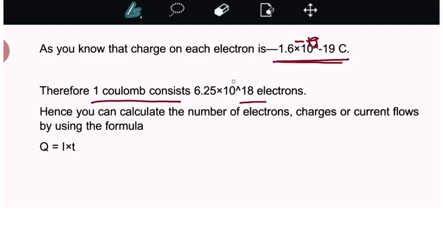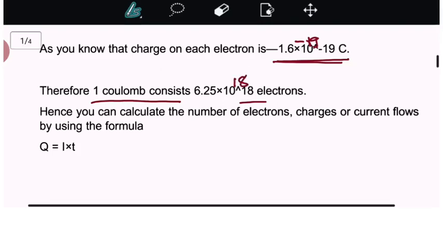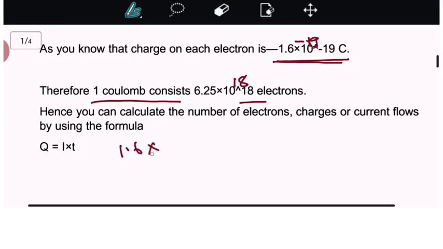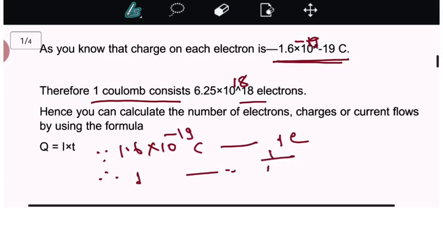6.25 into 10 to the power 18 electrons. How can you calculate it? By unitary method. 1.6 into 10 to the power minus 19 coulomb charge exists on 1 electron. Therefore, 1 coulomb charge will exist on 1 by 1.6 into 10 to the power minus 19.